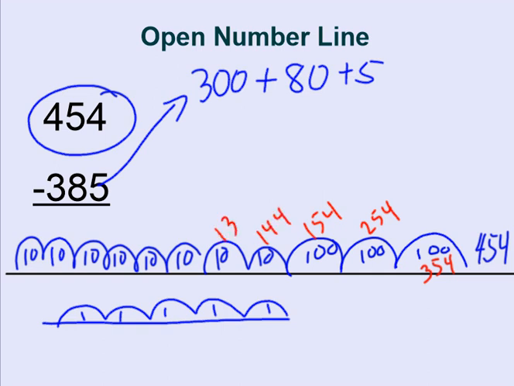Take away another 10, 134, 124, 114, 104. Take away a 10 from 104. Kids can count back. 103, 102, 101, 100, 99, 98, 97, 96, 95, 94.